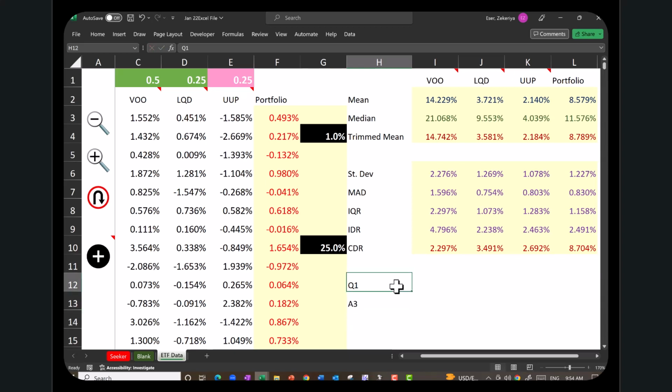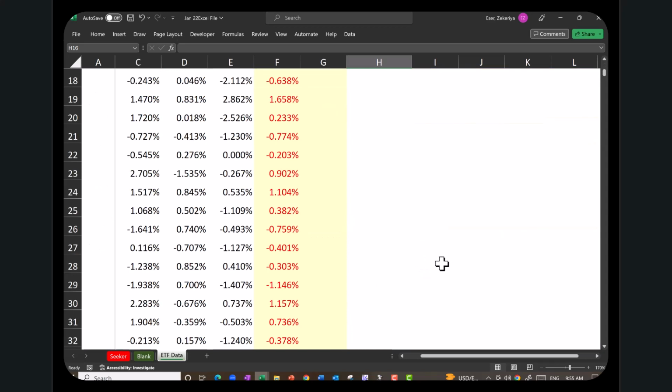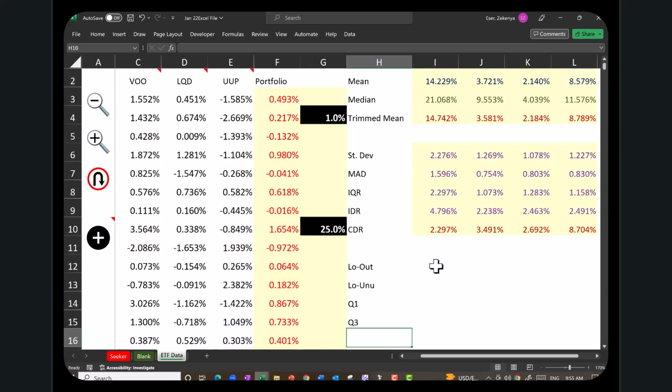Actually, let me do those in order. Let's call this low out, low uno for unusual, Q1. It's another kind of 5-number summary.